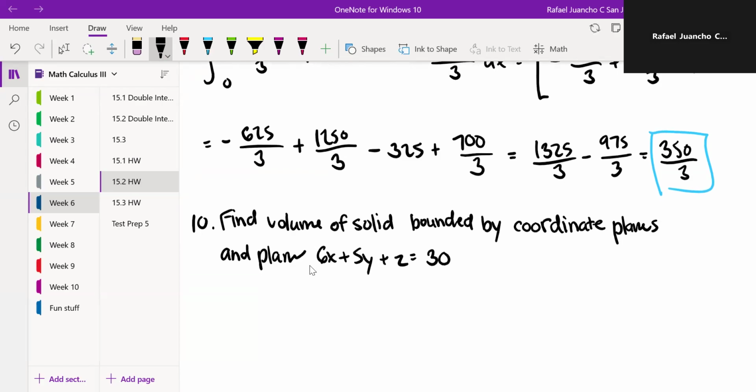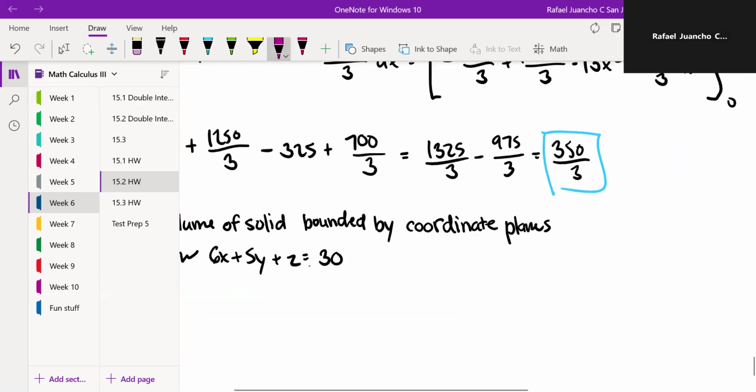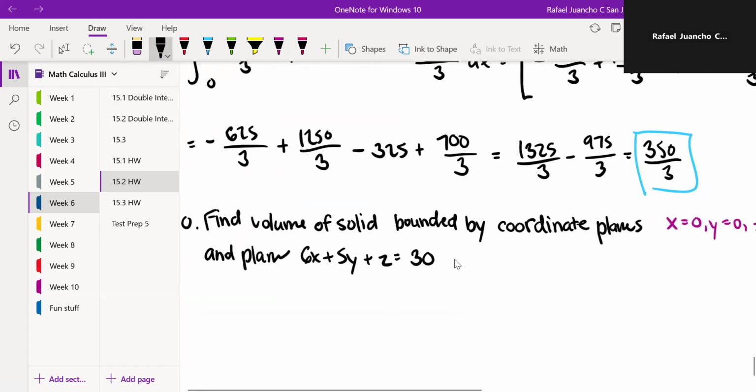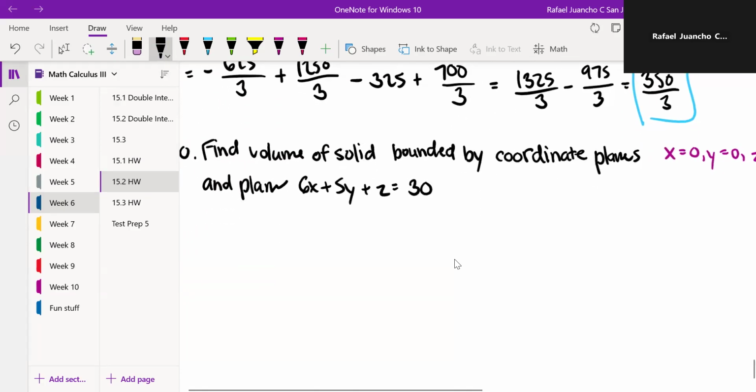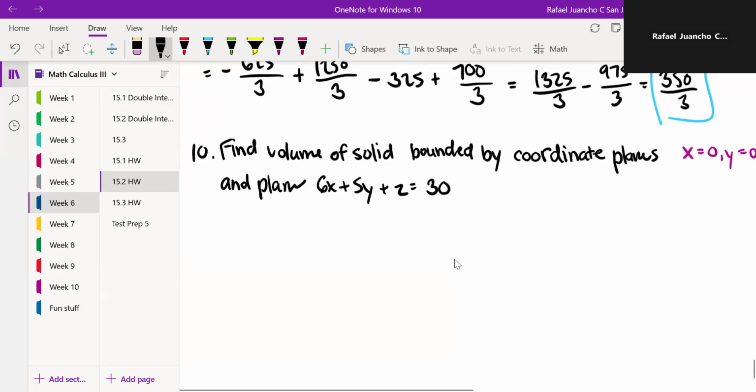So when we say coordinate planes, we actually just mean when we're at the planes, exactly at the planes. When x is 0, when y is 0, when z is 0. The solid is bounded by the xy plane, the yz plane, and the xz plane. Now, how do we go about that?